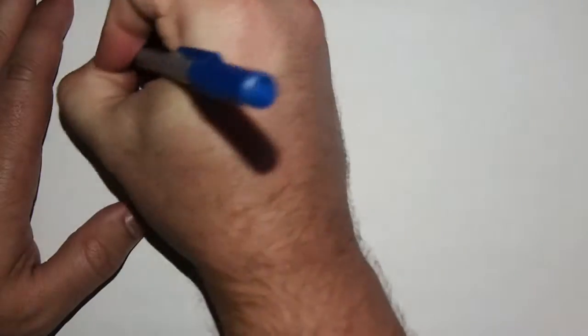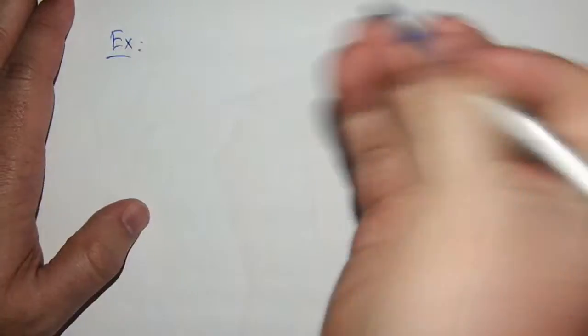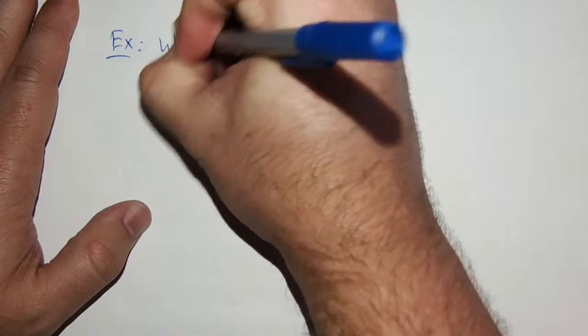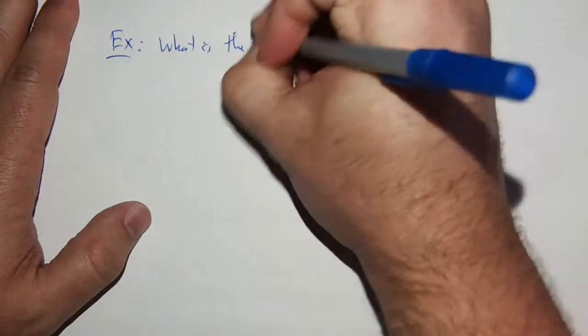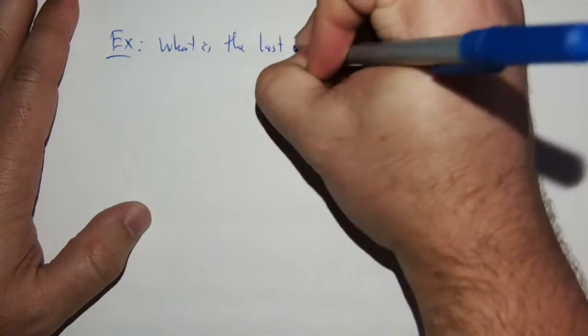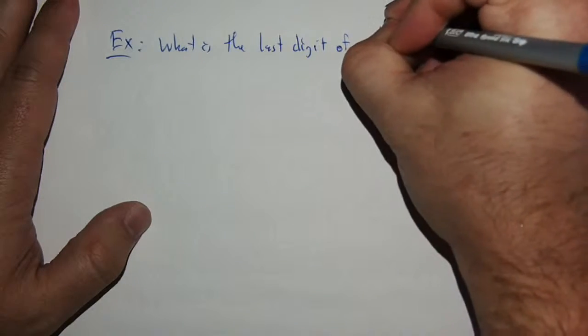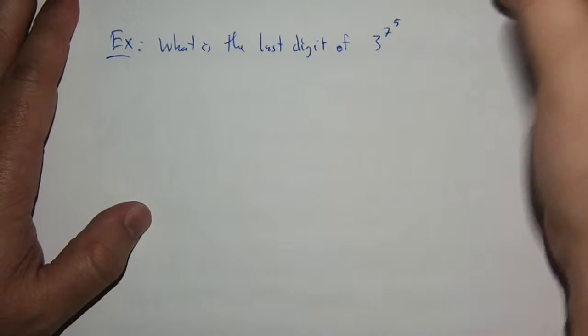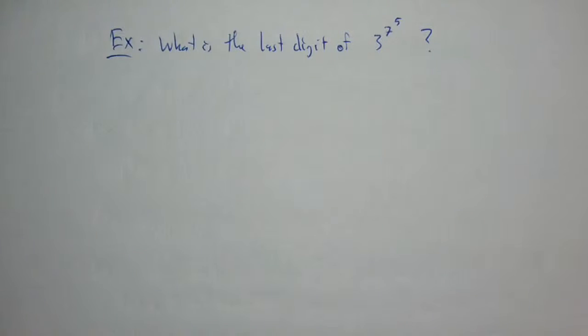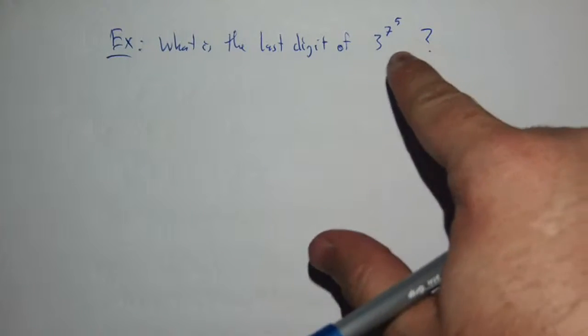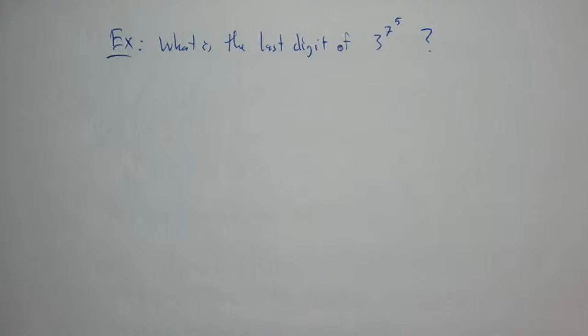So here's another example of using this stuff. What is the last digit of 3 to the 7 to the 5? When you have a tower of exponents, this is 3 to the 7 to the 5th. It's not 3 to the 5 times 7, obviously.